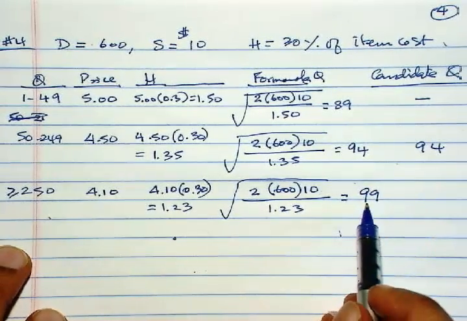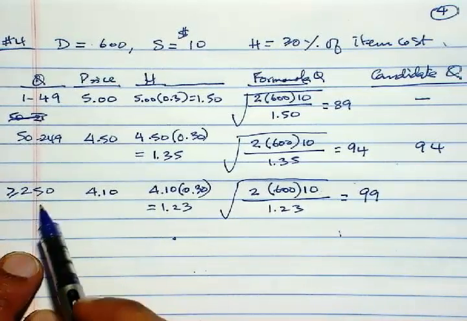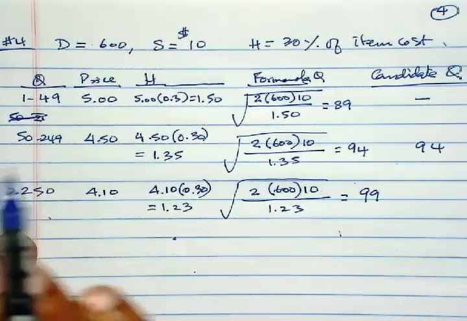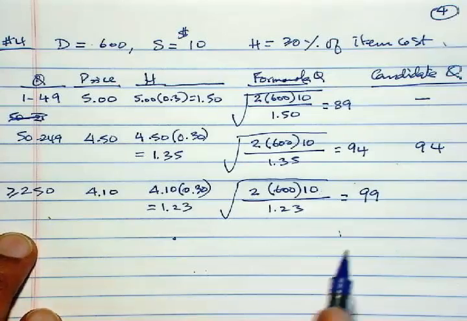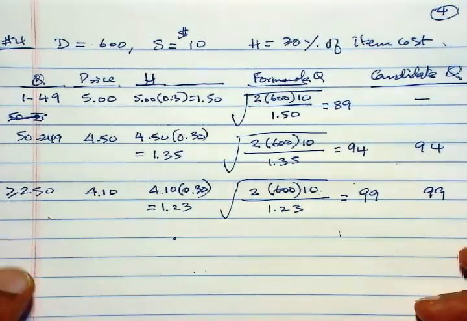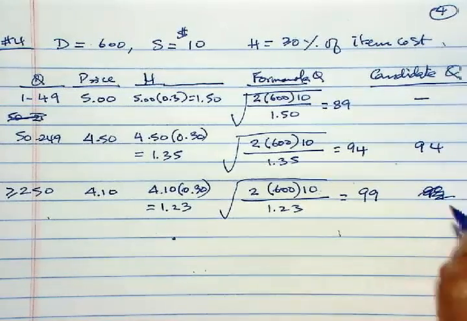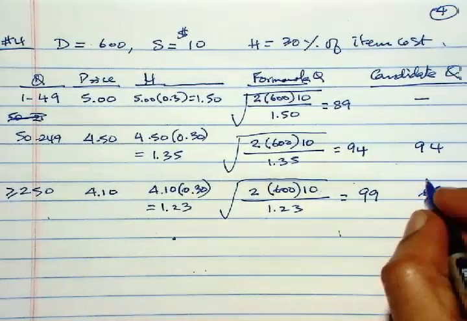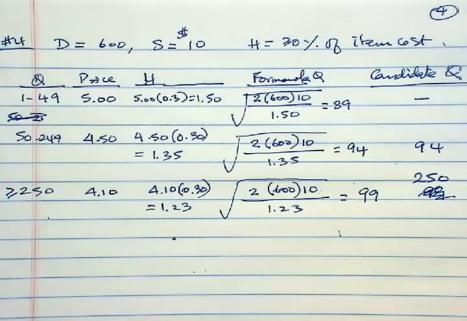Now 99 is smaller than the lower limit. This is 250 and up. 250 is the lower limit, and this one is smaller than the lower limit. So our candidate is 250. You have to round it up to 250.